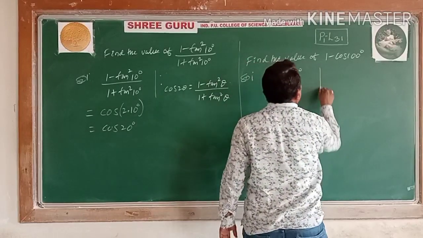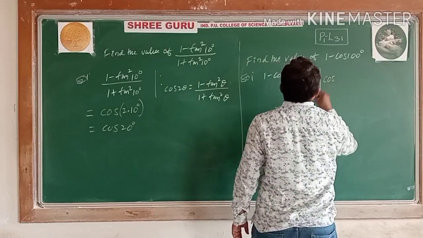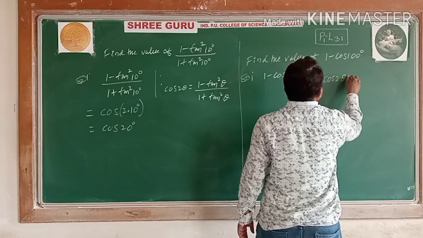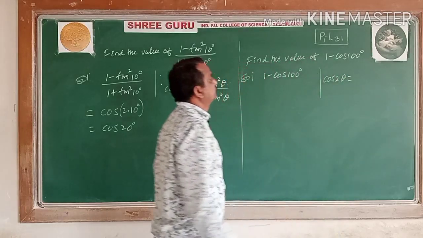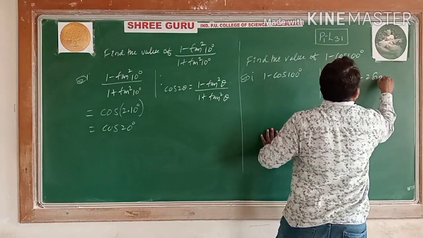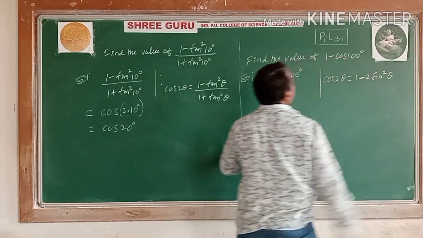You know very well, cos 2 theta is equal to 1 minus 2 sin square theta. In terms of sin square here I am taking the formula.